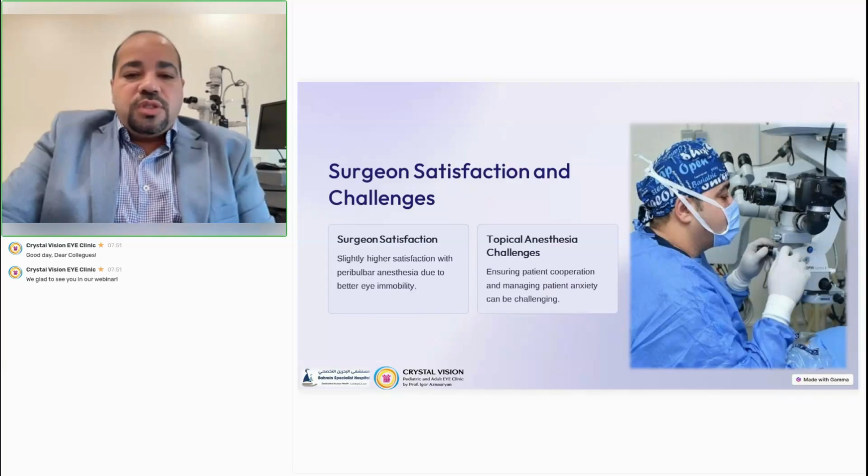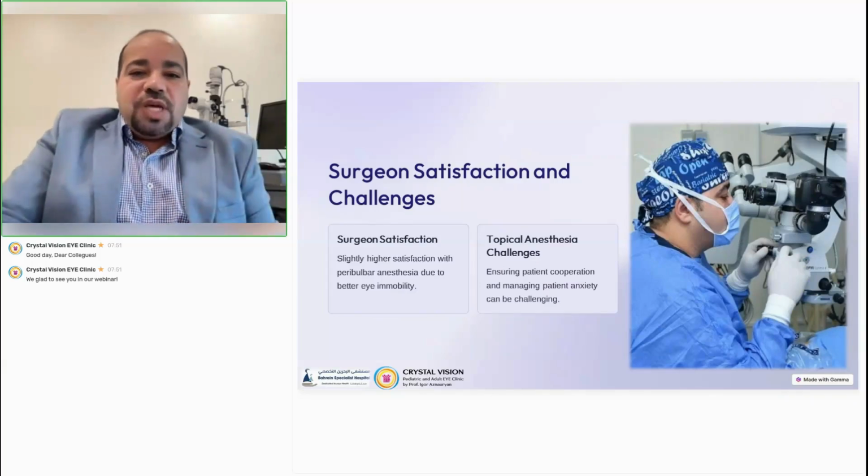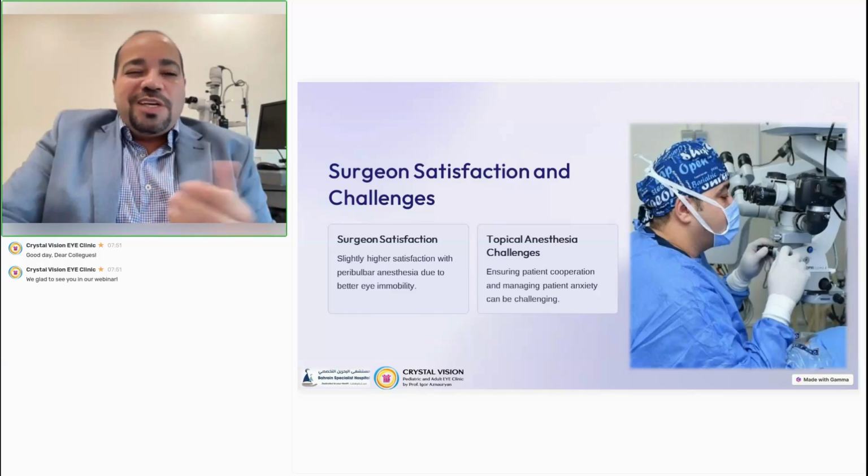What about surgeons? Surgeons, as I said before, usually like to do cataract surgery with local anesthesia because of the immobility of the eye and the stress. We just want to be comfortable when we are doing our surgery. We just don't want any more stress on us.